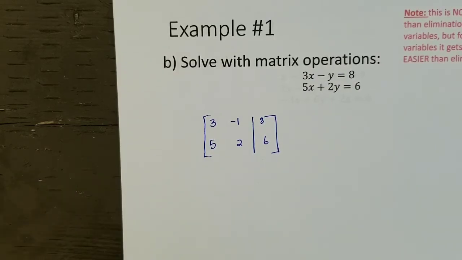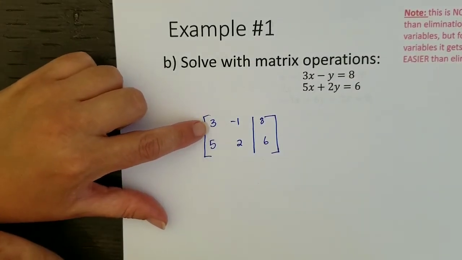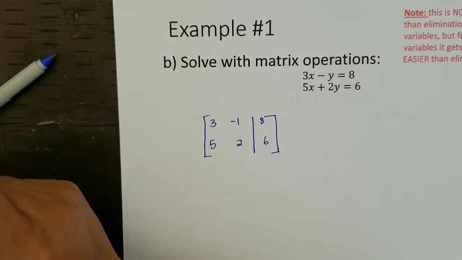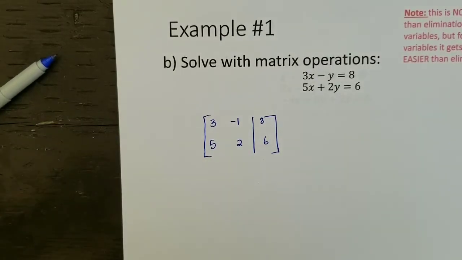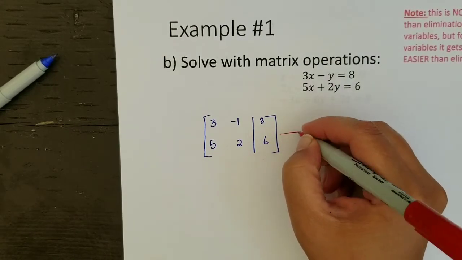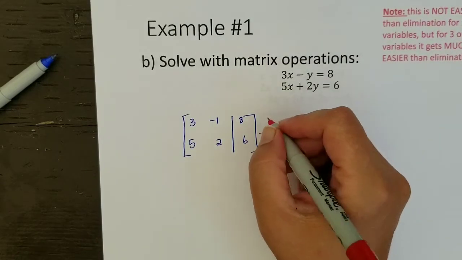The first step in solving a matrix is to get the top left corner equal to a 1. And we're going to do that by multiplying or dividing by a scalar number. So we're going to divide the whole first row by 3. And it will get a little messy here. It doesn't always, and there are ways to avoid it, but I don't want you to be afraid of fractions.